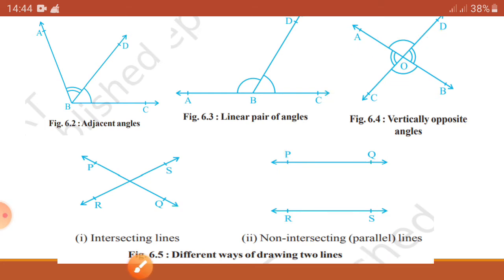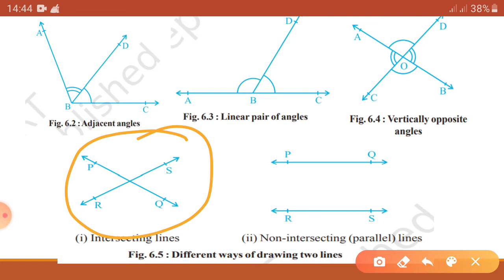The next part is intersecting lines. Draw two different lines PQ and RS on a paper like this. You will see that you can draw them in two different ways, as shown in figures 6.51 and 6.52. The first one is intersecting lines and the second one is parallel lines, that is non-intersecting lines, because here in figure 2 PQ and RS are not intersecting each other, so they are known as parallel lines or non-intersecting lines.